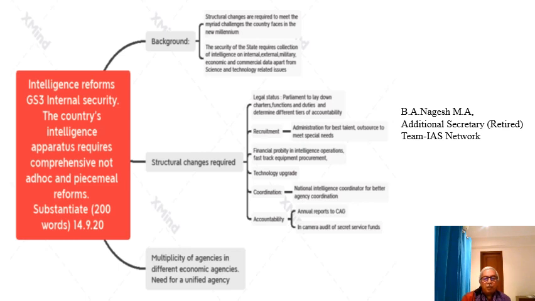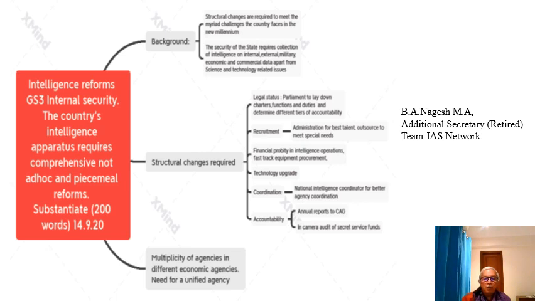Finally, what has happened is we have a multiplicity of agencies. We have the Enforcement Directorate, the Bureau of Economic Offences, then the RAW, Research and Analysis Wing. You've got umpteen agencies in different departments. All these are working at different purposes with a lot of data, collecting a lot of intelligence inputs. But since there are multiplicities of agencies, there is a question of coordination.